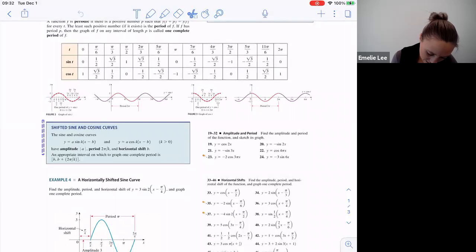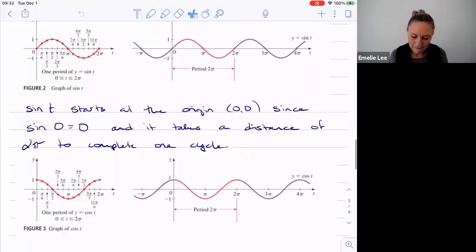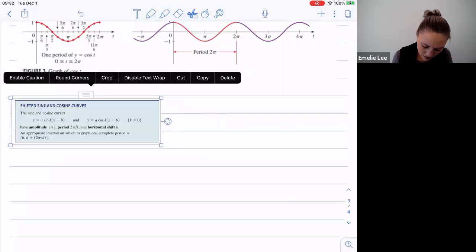Like I said, we can manipulate these graphs, and it's going to be really useful to know how they get manipulated.